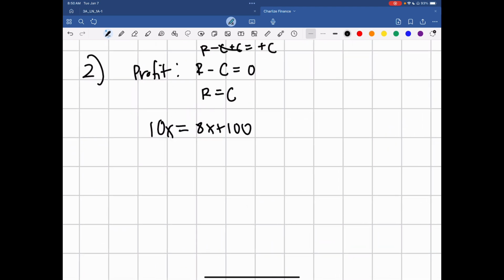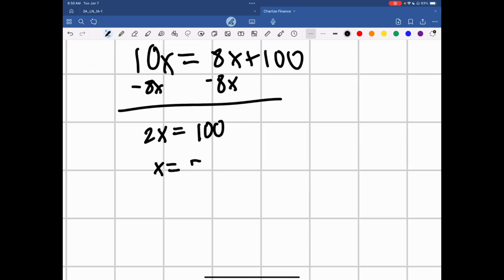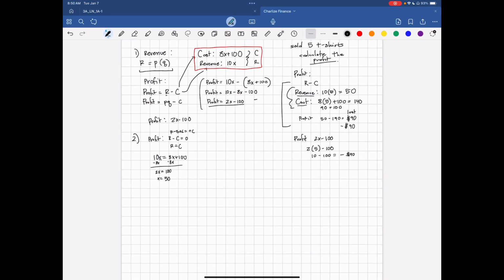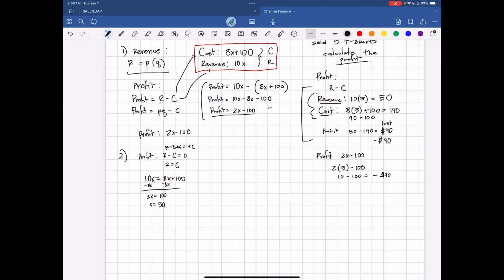So to solve, minus 8x on both sides, 2x is equal to 100, x is equal to 50. So this is the number of t-shirts that would allow me to have a profit of 0.